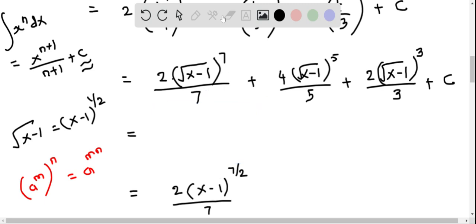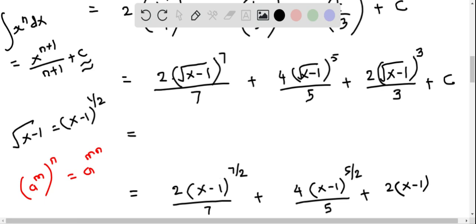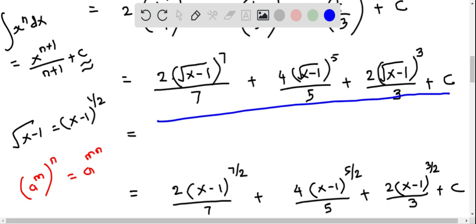In the same way, I can do the other integrals. So this will become 4 times x minus 1 raised to the power of 5 by 2 over 5, plus the next term will become 2 times x minus 1 raised to the power of 3 by 2 over 3, plus c.